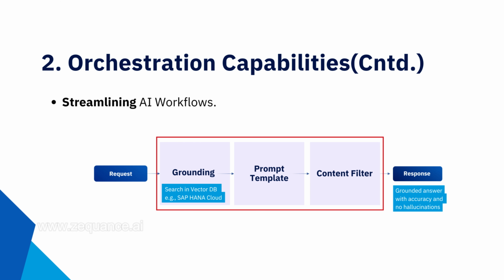By combining these steps into one process, the orchestration service simplifies the workflow and reduces the complexity of the process. The orchestration service also handles the configuration for each of these modules. These examples illustrate how the orchestration capabilities of the Generative AI Hub allow businesses to build powerful, flexible, and responsible AI applications that address specific business needs.